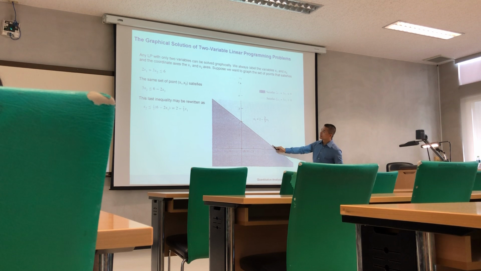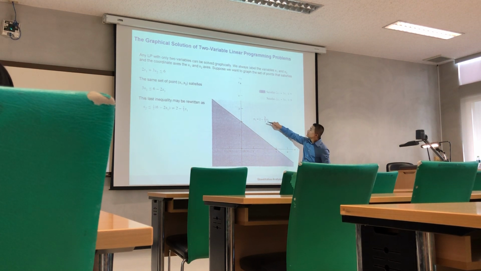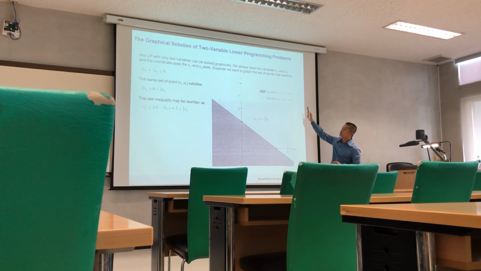This line is the linear equality, right? x2 equal to 2 minus 2/3 x1, or 2x1 plus 3x2 equal to 6, this line.